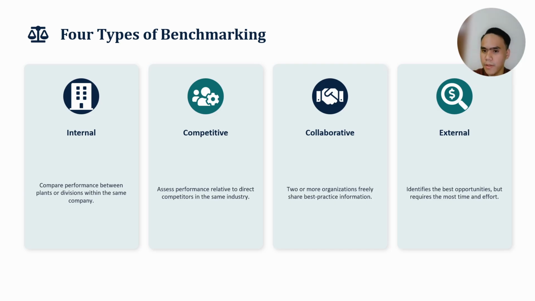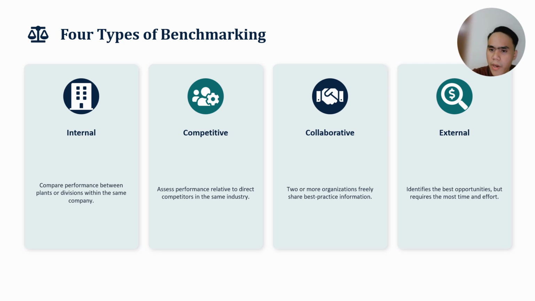The book example in the ASQ Certified Quality Engineer Handbook is automotive manufacturers using customer surveys to compare quality and satisfaction. Both internal and competitive benchmarking are useful for identifying performance gaps. But here's an important limitation from that chapter. Competitive benchmarking may not actually identify the best practice needed to close the gap.